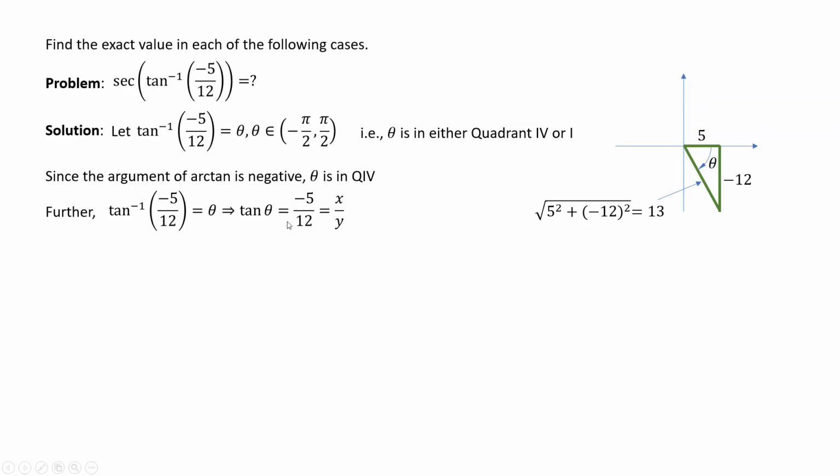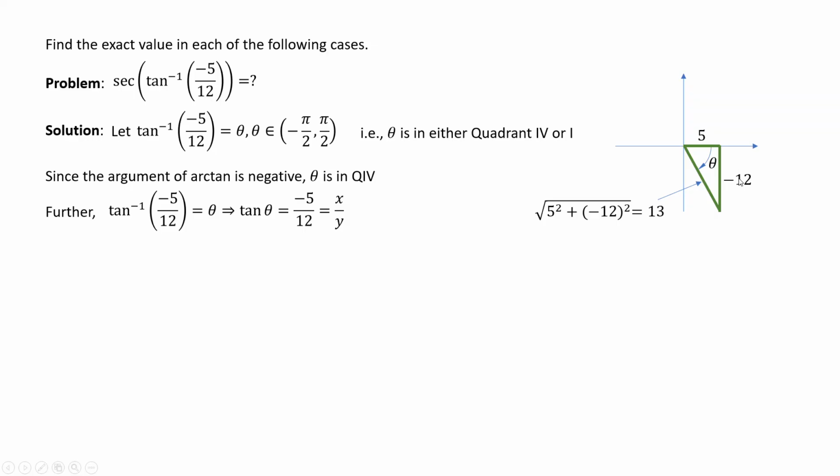In fact, that is the case over here, because the x value must be positive, whereas the y value must be negative for something in the fourth quadrant. So I made sure that I was correct in calling this positive 5 and this negative 12.